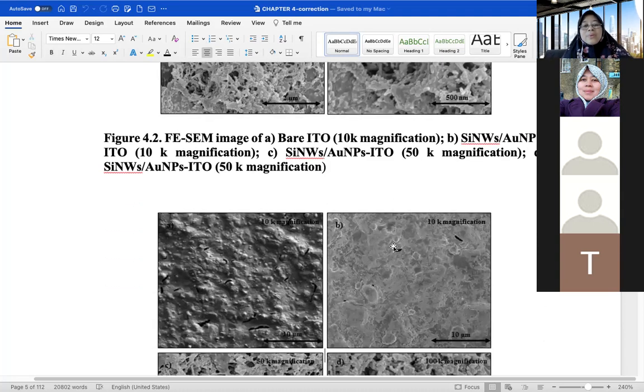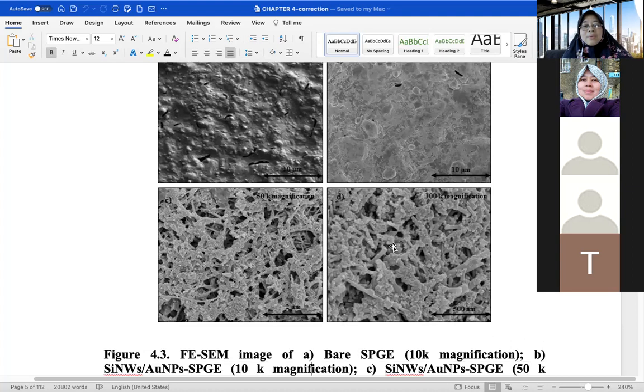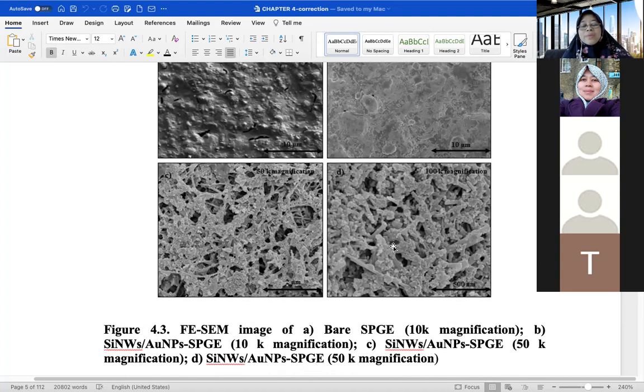So now what you have is, instead of just now ITO, this is SPGE, screen printed gold electrode, also with silicon nanowires and gold nanoparticles. So the morphology is different.